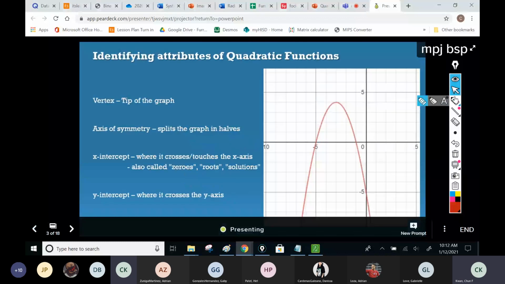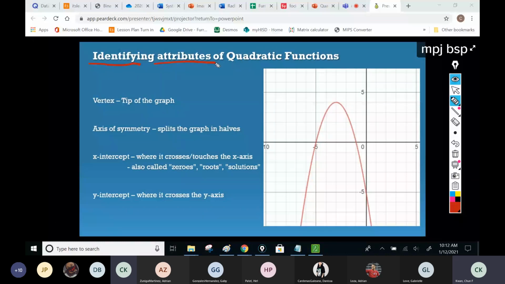So I want you to be able to identify some of the attributes of quadratic functions. There are certain things on a quadratic function I want you to be able to point out right away. Whenever I'm giving you a quadratic function, I need you to be able to spot these right away without even thinking. So the first one is the vertex.